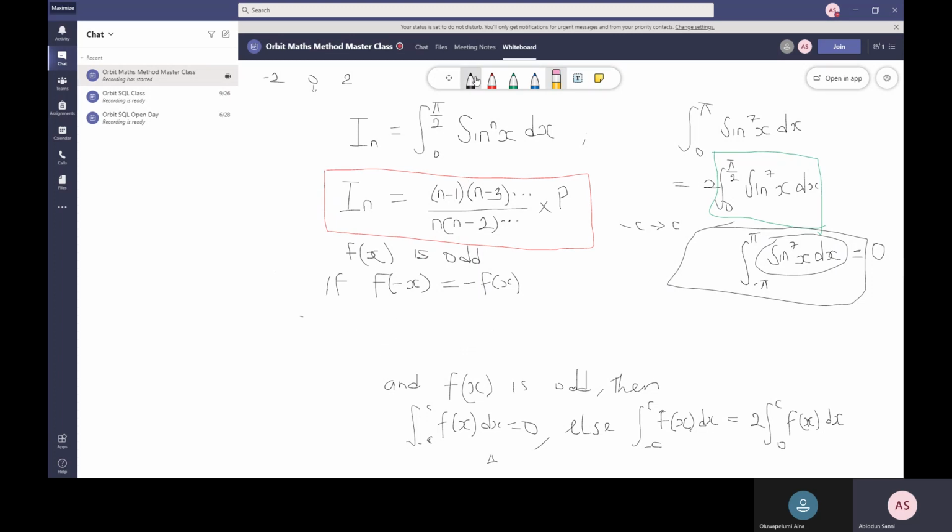And f of x is even if f of minus x is equal to f of x. The reason I said sine x is odd is that if I take sine of minus x, it is the same thing as minus sine x.